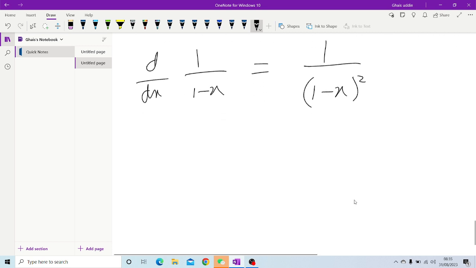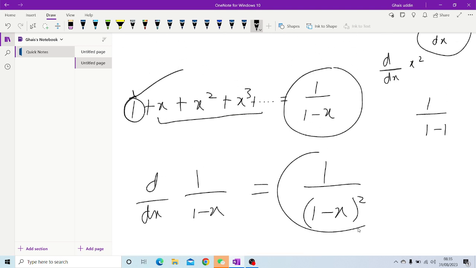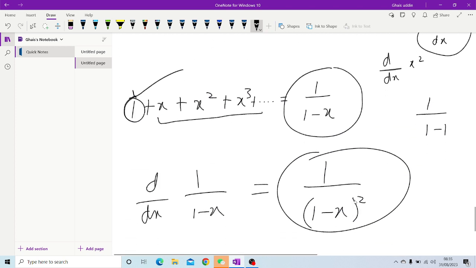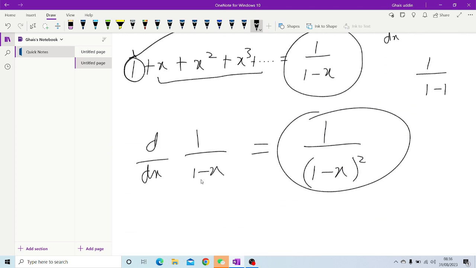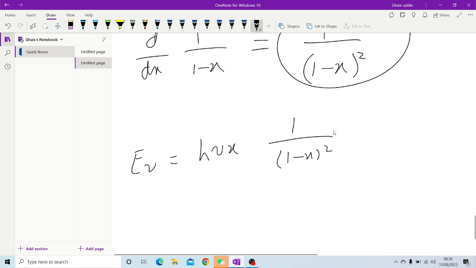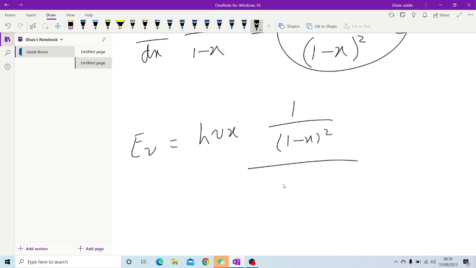Now I want to put to use these two relations here. So this will become E nu, which is equal to h nu x, and I can write this as 1 minus x whole square, as I found here, and this is divided by 1 over 1 minus x.